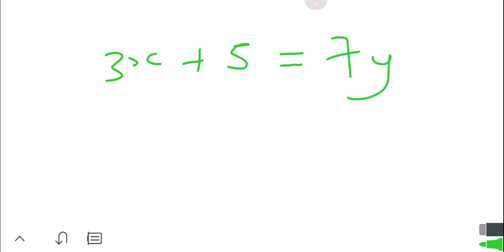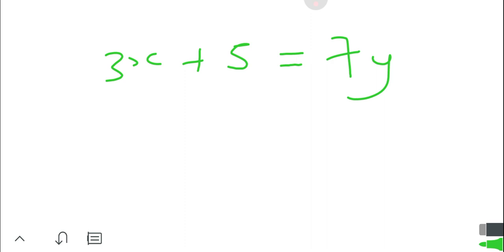So change of subject really is actually, let's say you have something like 3x plus 5 equals 7y.